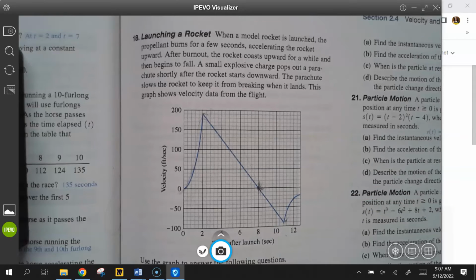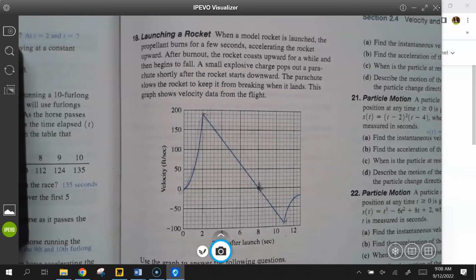This is a good question. This is the last one of this one. When was the rocket's acceleration the greatest? What are you looking for? The slope, right?